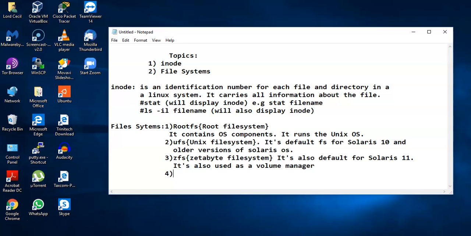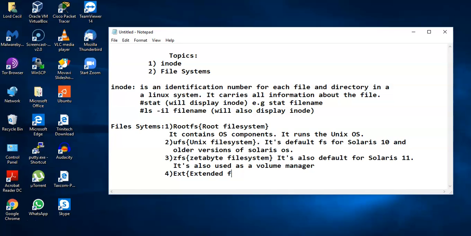The fourth one, this is where we focus: ext, which I think I mentioned in one of our previous classes. ext stands for extended file system.